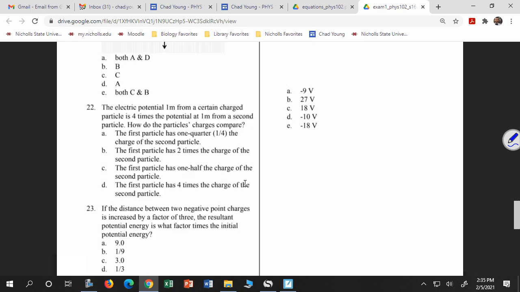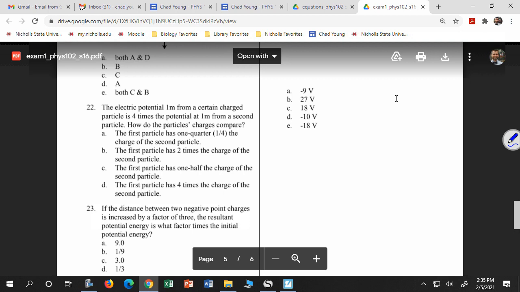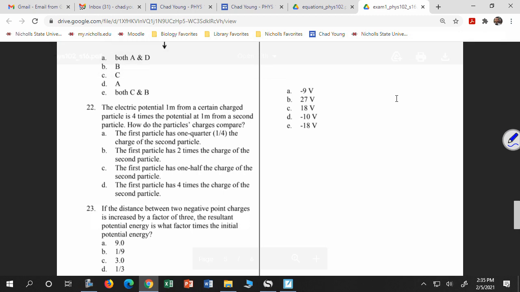The electric potential 1 meter from a certain charged particle is 4 times... So this deals with electric potential. V is KQ over R. The first particle has 4 times the potential of the second particle.